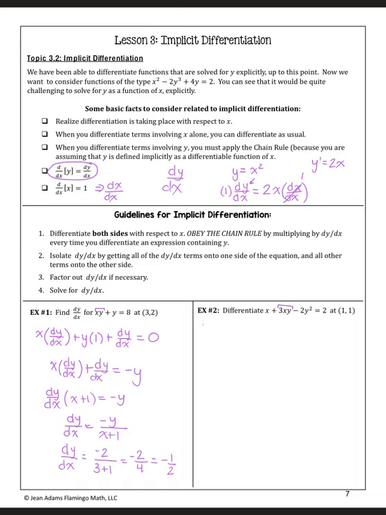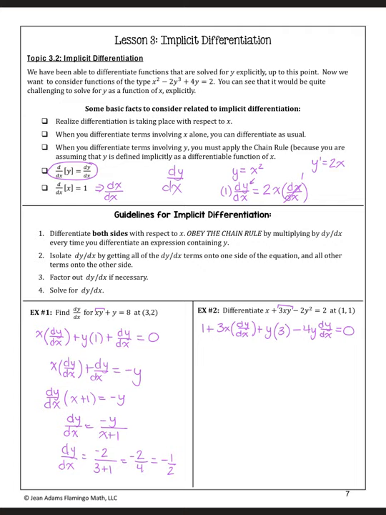The derivative of x is 1, plus now the 3xy: the first times the derivative of the second, plus the second times the derivative of the first. That's your product rule. Minus, now the derivative of 2y squared is 4y, and then remember you need dy dx after it. And the derivative of 2 is 0.